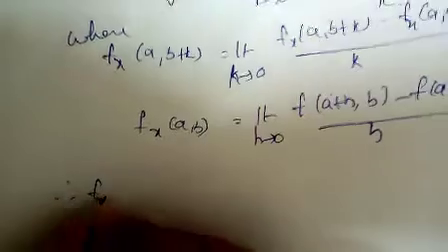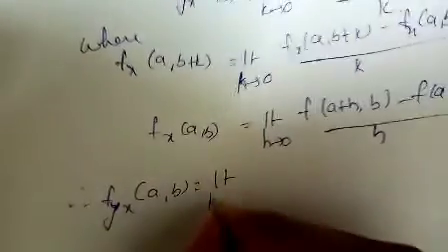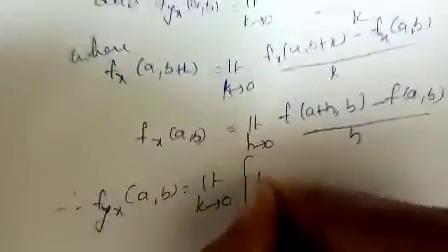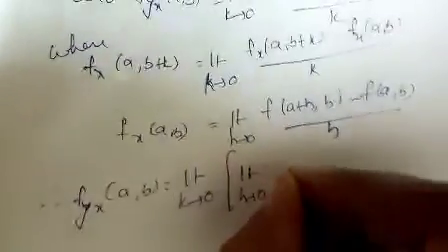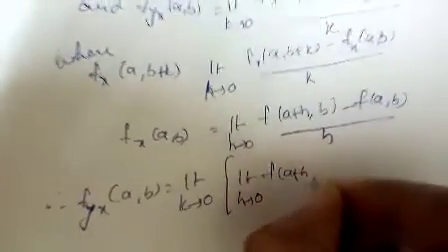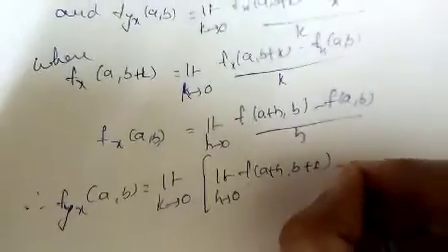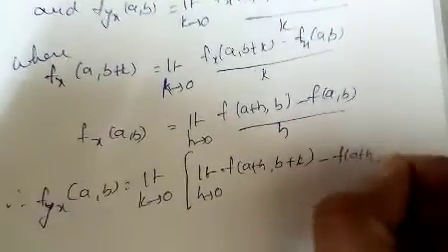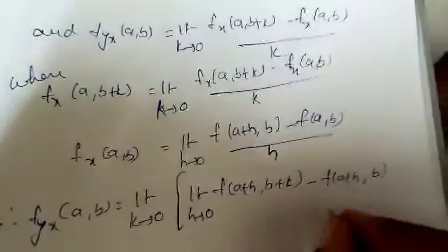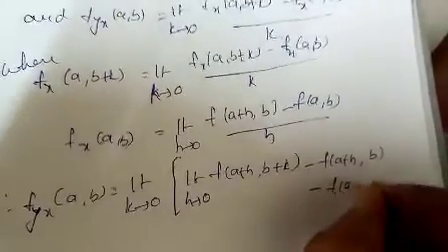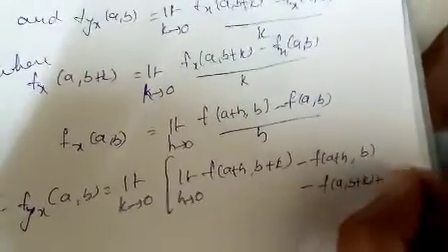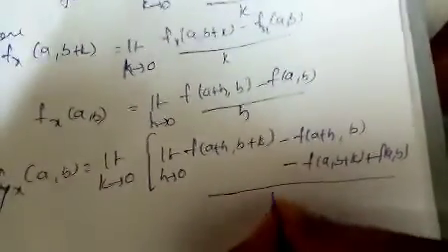So therefore we have to write fyx of a comma b equal to limit k tends to 0 limit h tends to 0 f of a plus h comma b plus k minus f of a plus h comma b minus f of a comma b plus k plus f of a comma b by hk.